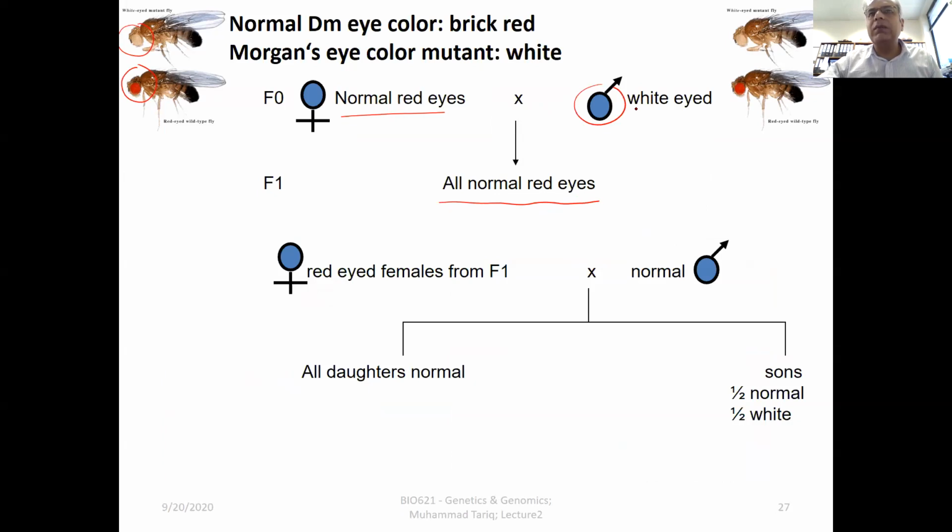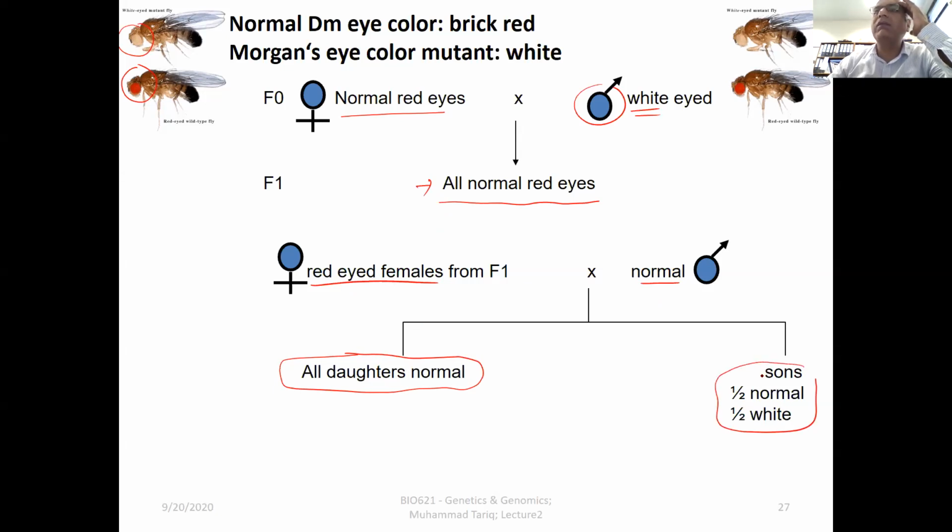So what do you conclude about white? White is recessive. Now they took the F1 red and crossed them with normal males. Normal males are red, and they got all daughters normal, but half the sons were normal and half were white.